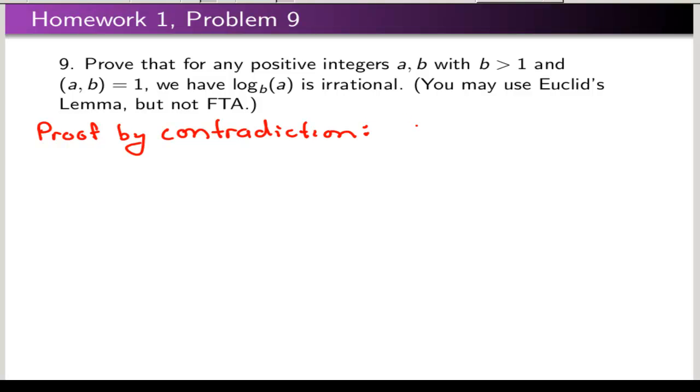So let's suppose the opposite of what we're trying to prove. Okay, so again, we start with positive integers, B is greater than 1, GCD of A and B equals 1.